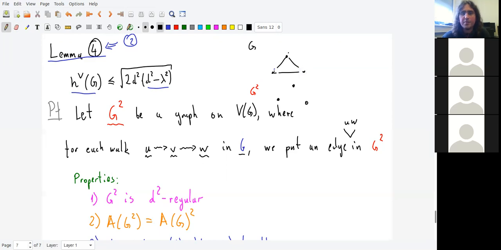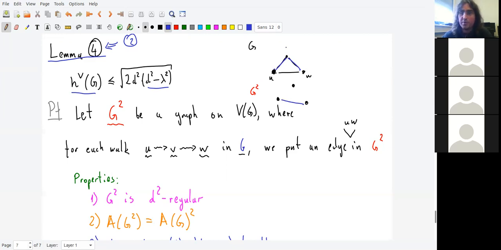So let's understand for any 2 vertices, say U and W, how many walks, how many edges there will be between them. There's one walk between U and W here. I can first choose this edge and then this edge, so here I will put one edge for this walk.